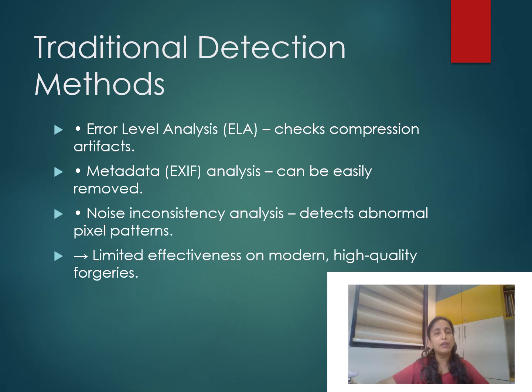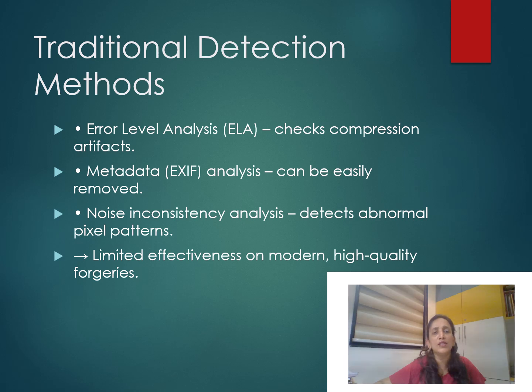Next comes metadata analysis. It looks at image information like date, device, and software used. However, metadata can be easily changed or removed. Anyone can change the date or the device software, or which software was used. We can easily manipulate those.